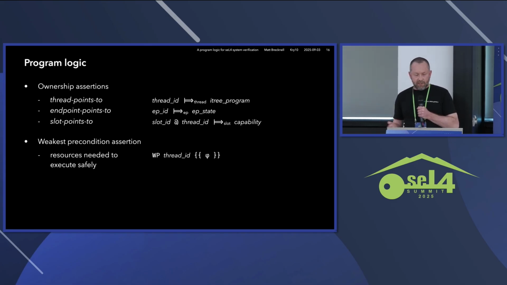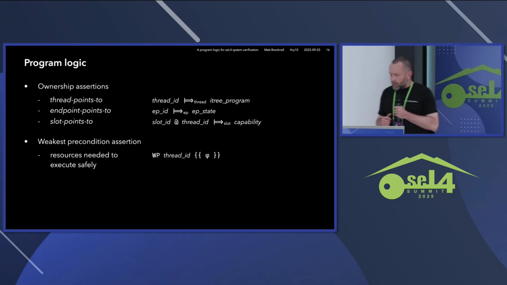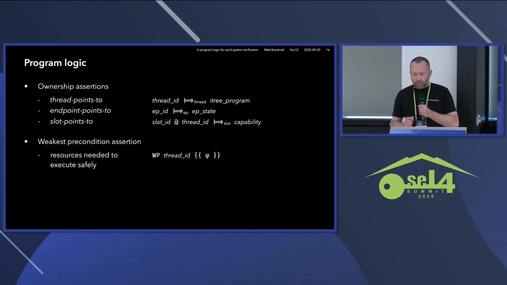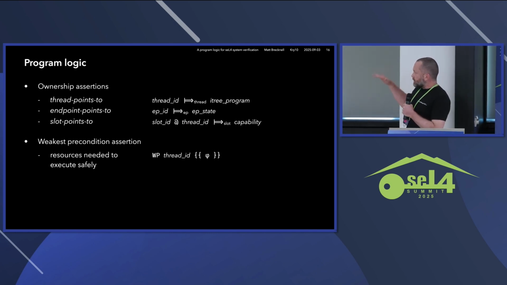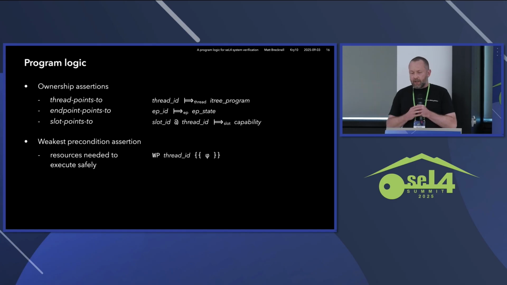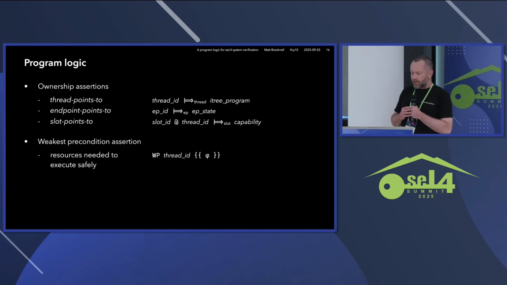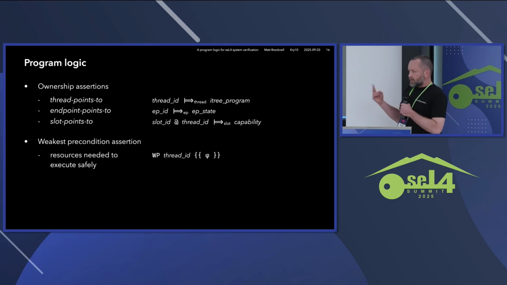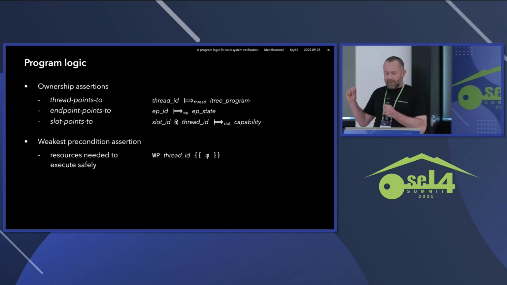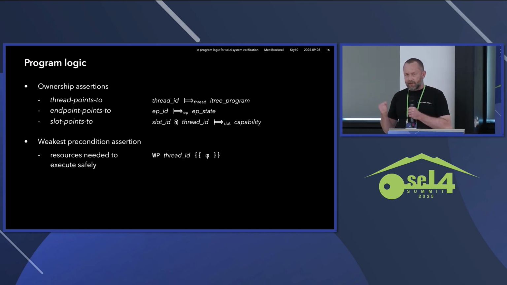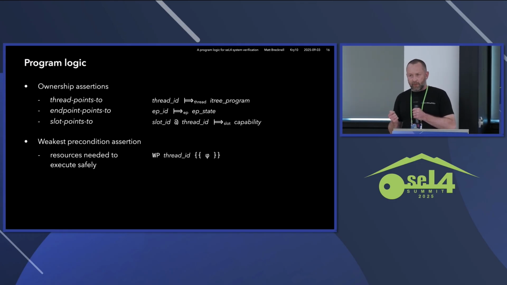But like most separation logics, we will have a range of ownership assertions, and these assertions do two things. They assert some fact about a piece of the system state, but they also assert a kind of ownership, that we have the exclusive right to interact with this object.